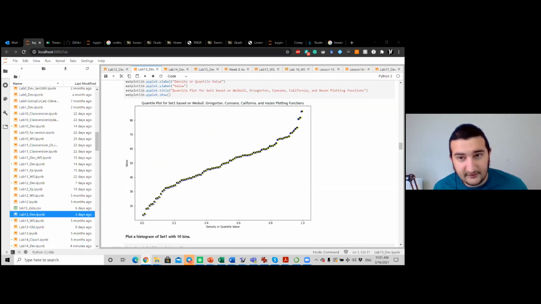Do you remember this plot? Here we were comparing Weibull, Green-Gorton, Cunane, California, and Hazen. Which one of them was clearly better than the others?